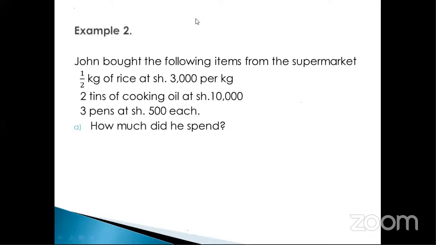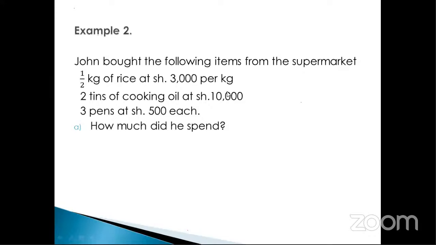John bought the following items from the supermarket. A half kilogram of rice at 3,000 shillings per kilogram, 2 tins of cooking oil at 10,000 shillings, 3 pens at 500 shillings each. How much did he spend? Okay, that is very good.